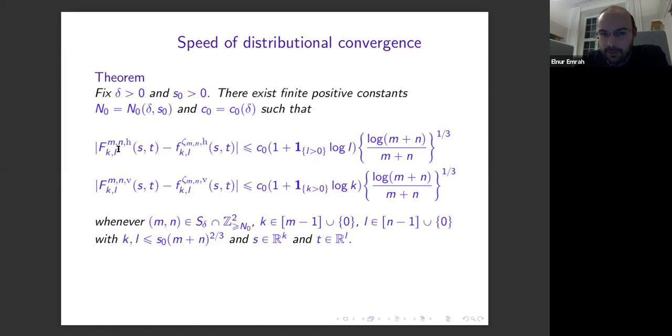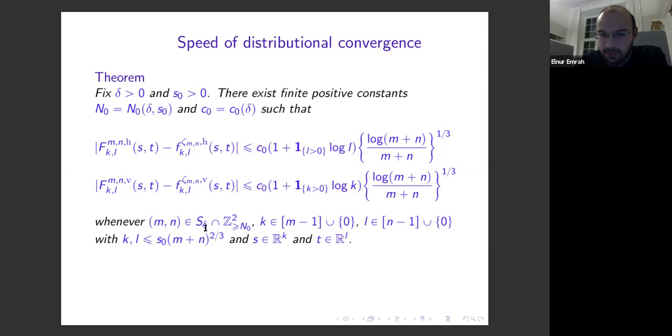So if you look at the modified CDF of the last passage increments along that L-shaped path and compare it with the limiting CDF of the Busemann limits with parameter zeta, then the difference is essentially of order (m+n)^(-1/3) up to logarithmic factors.